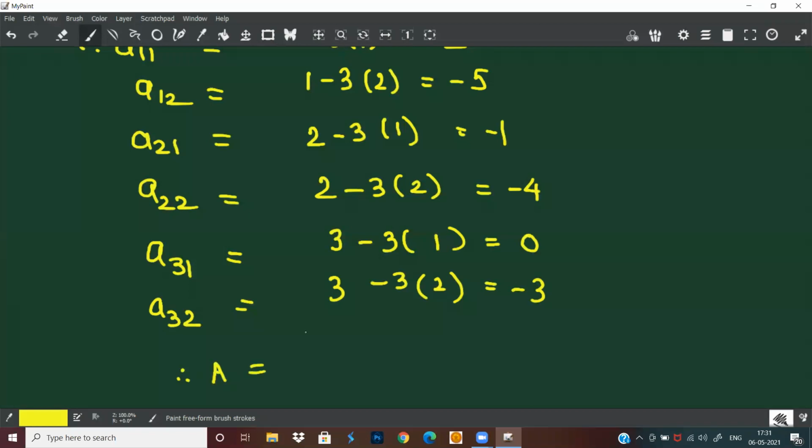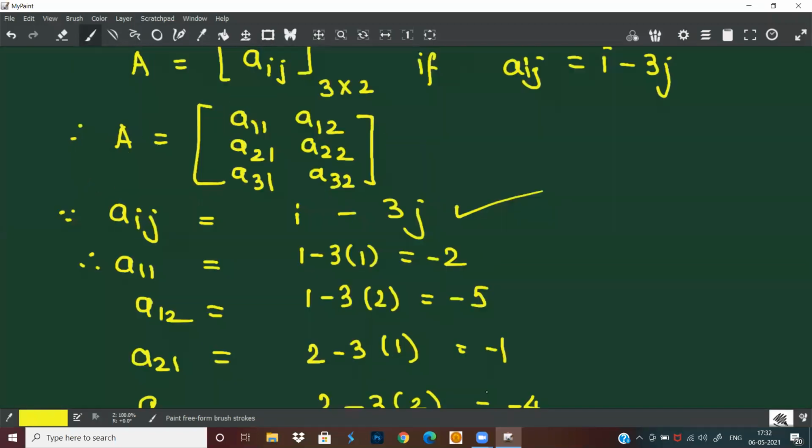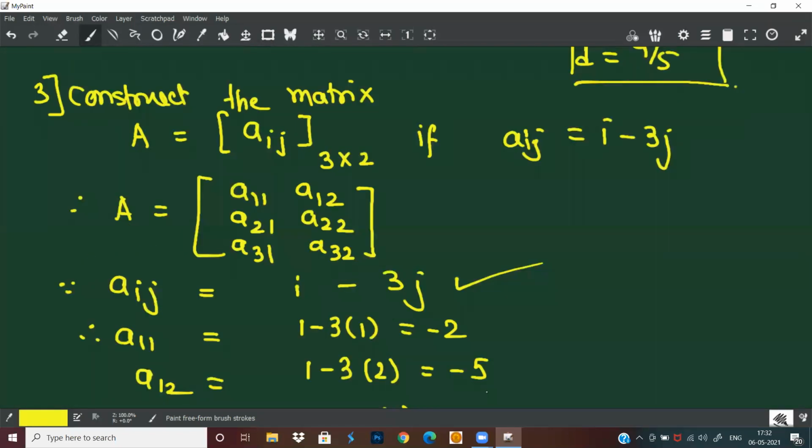So we have to design matrix A. First row है -2, -5. Second row क्या है अपना -1, -4. Third row आया 0 and -3. ये आंसर है. All of you understood how to design construction of matrix when they give you the general order?